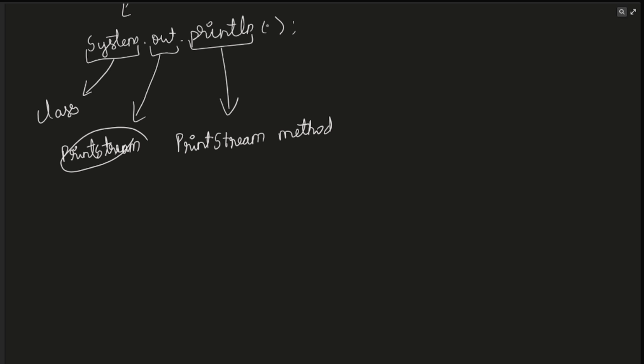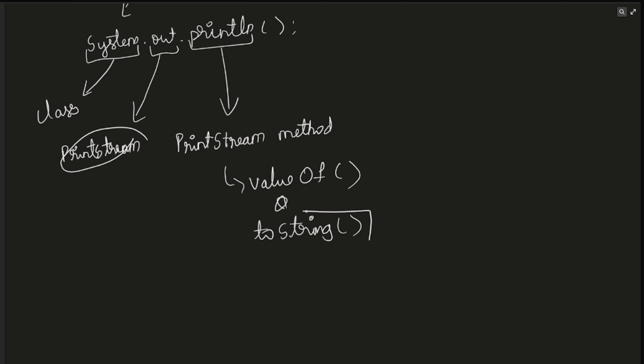And whenever you pass a value here, this println method internally calls the valueOf method and toString method to print output on the console.